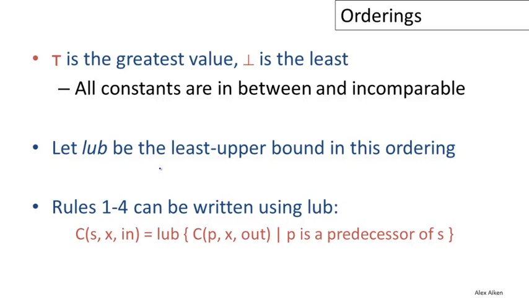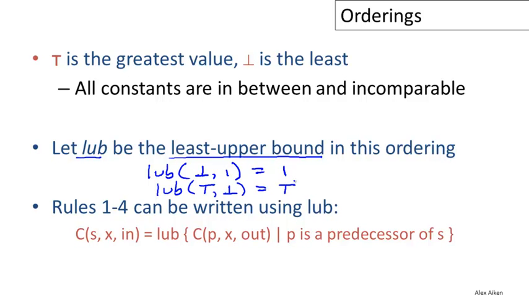Now, with the ordering defined, there's a useful operation we can define on collections of elements, and that is the least upper bound, or LUB. What this means is taking the smallest element that is bigger than everything in the least upper bound. For example, the least upper bound of bottom and 1 is equal to 1. The least upper bound of top and bottom is equal to top.